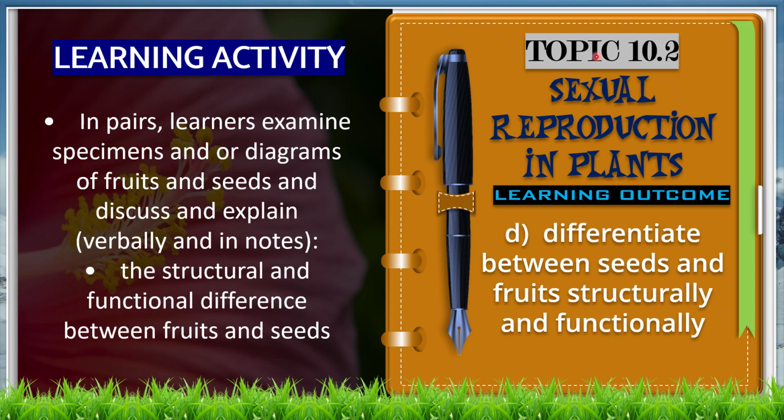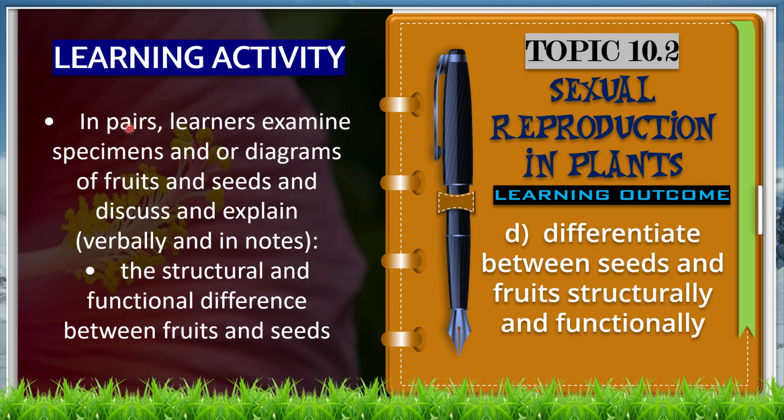I welcome you to topic 10.2, sexual reproduction in plants. We are looking at learning outcome D, differentiate between seeds and fruits, structurally and functionally. We are going to focus on our learning outcome activity.